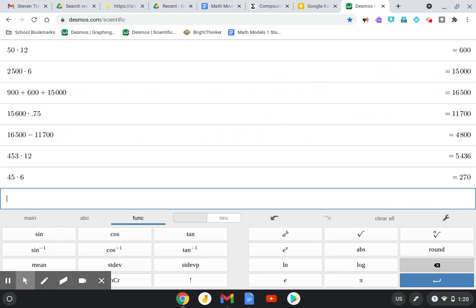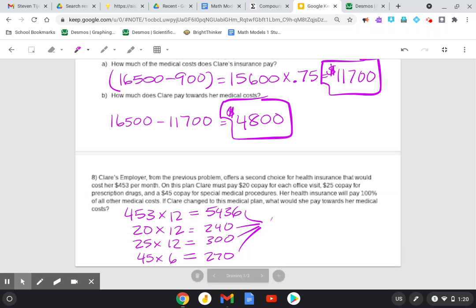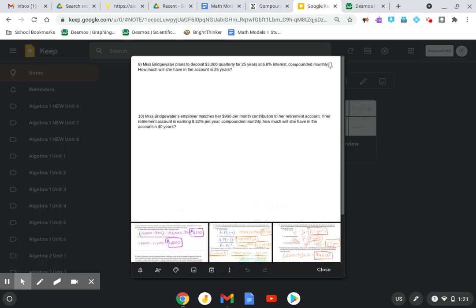We're going to do 5436 plus 300 plus 240 plus 270, 6,246. So it actually ends up costing more on the new plan than it did on the previous plan. Again, just basic problem solving there.